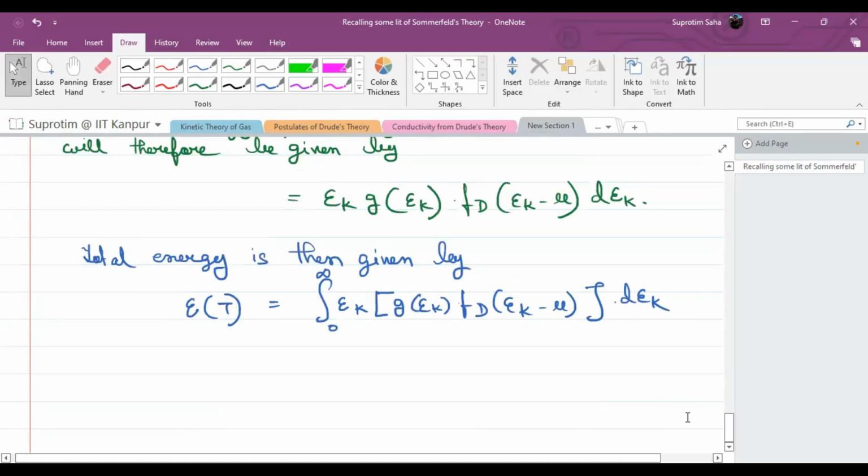All right. So now this can always be written as the integral from 0 to Ef. We split it into parts.